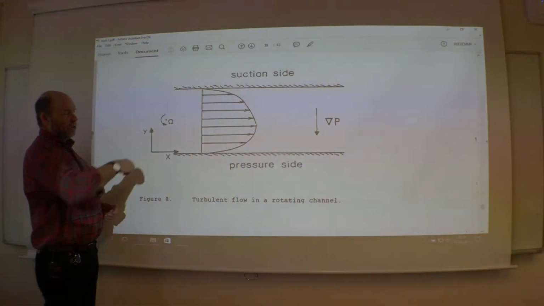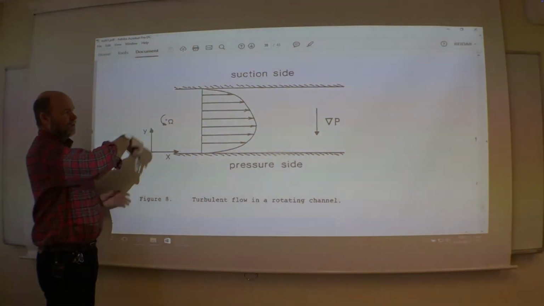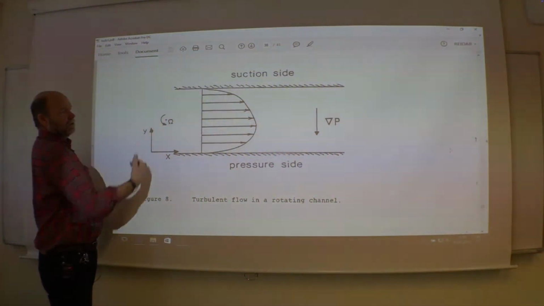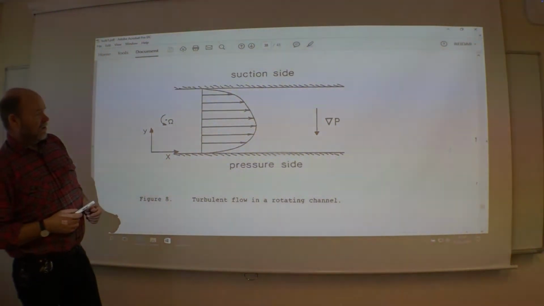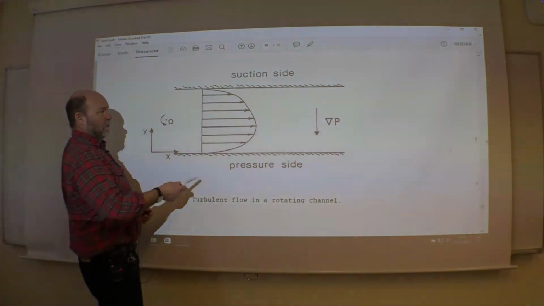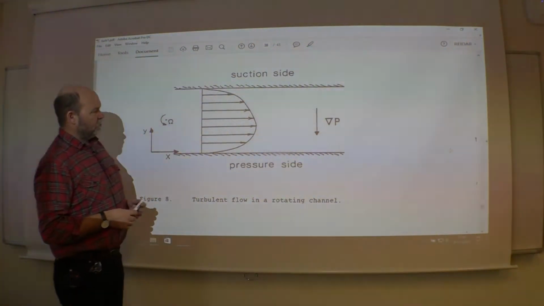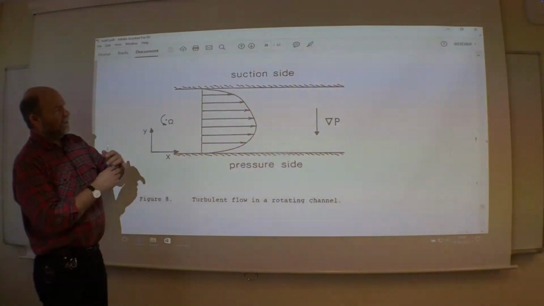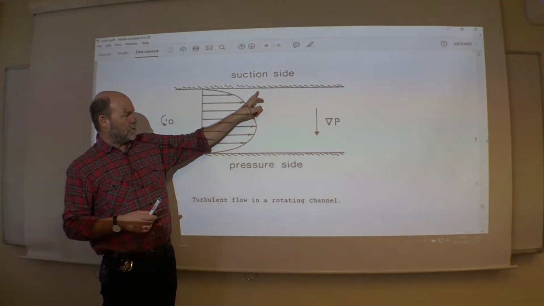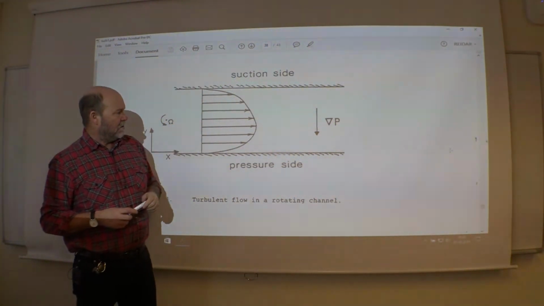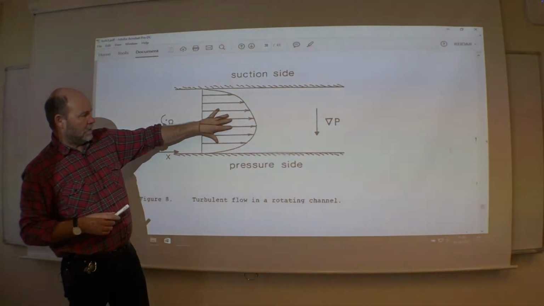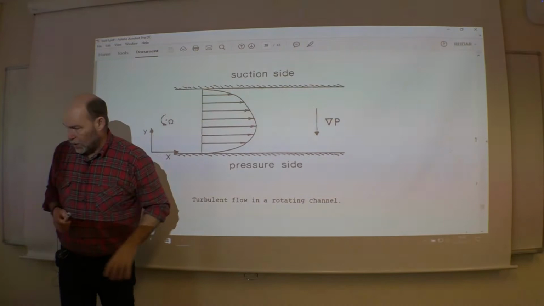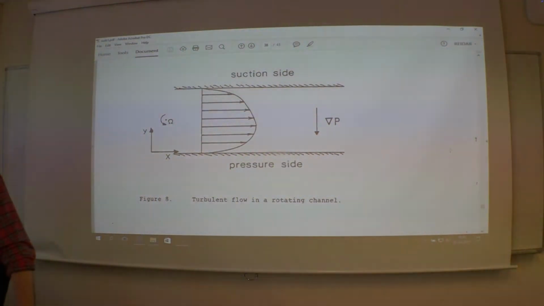It rotates the wrong way. If you have a positive rotation like this, then you will have the other way around, won't you? Suction side, low pressure, that's true. But then the velocity gradient won't look like this. It will be different. We will have a look at that.